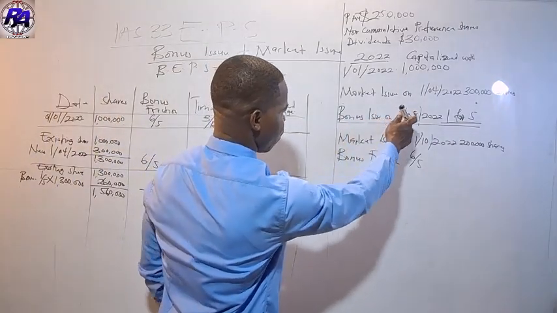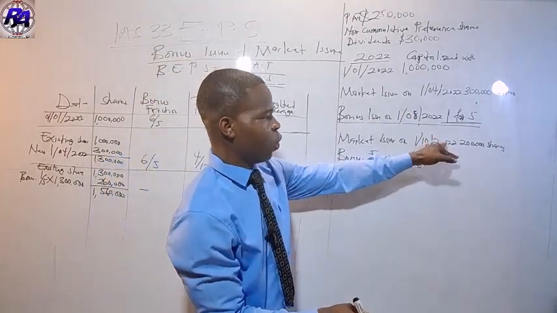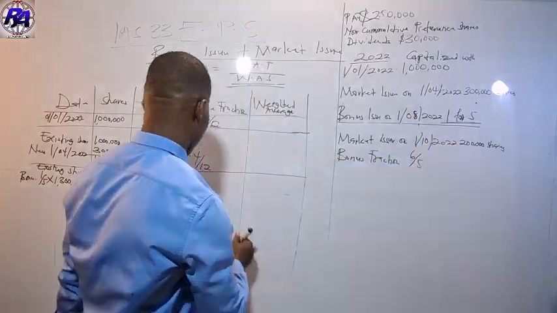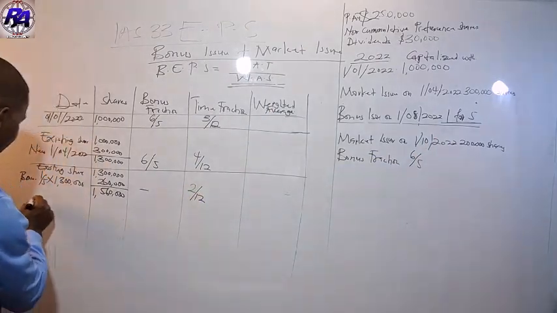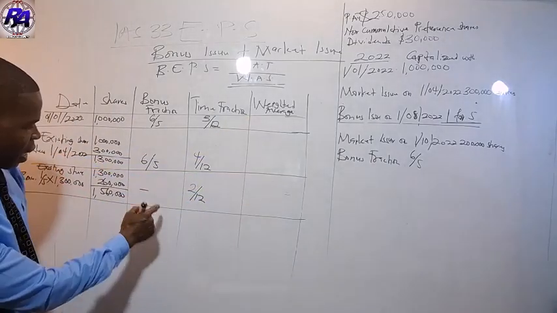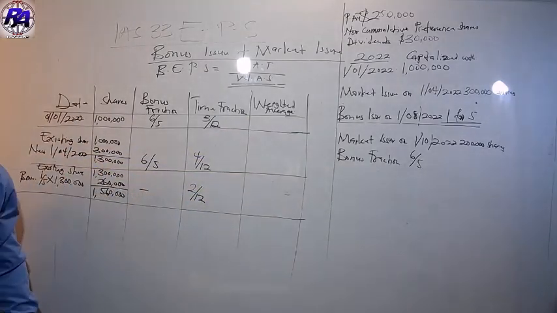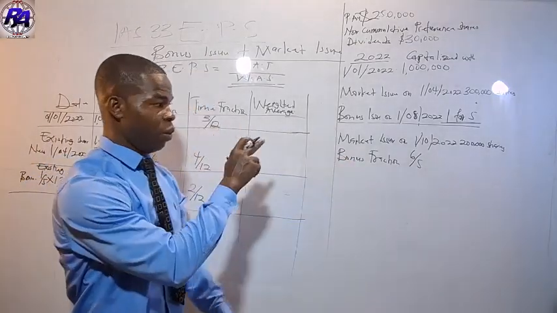It was August and September, because the next issue was in October. So this is going to be 2 divided by 12. There will be no bonus fraction here, because this was the date that we issued the bonus shares.